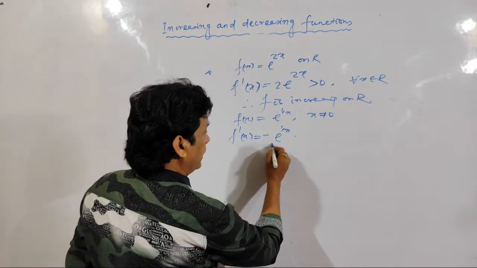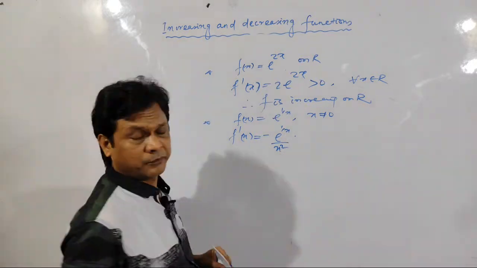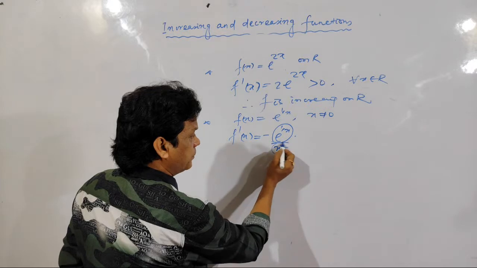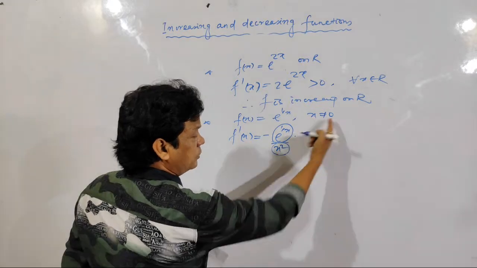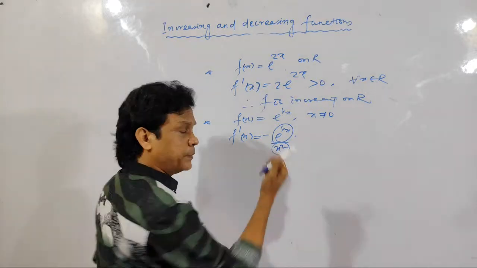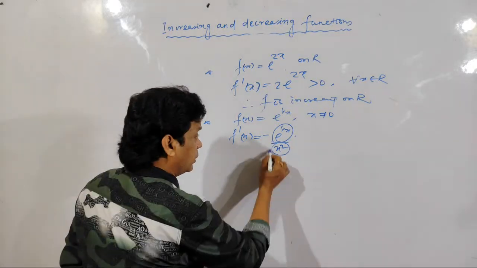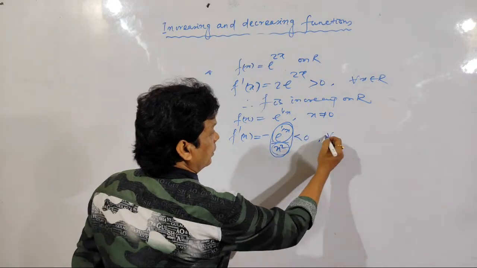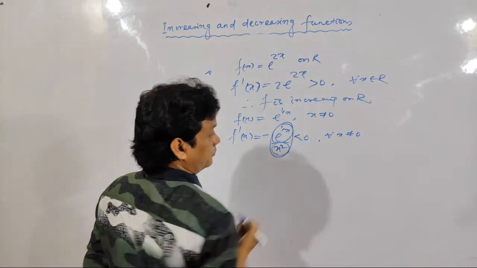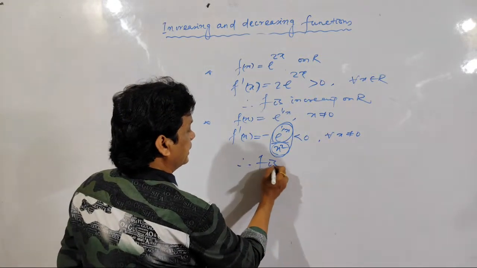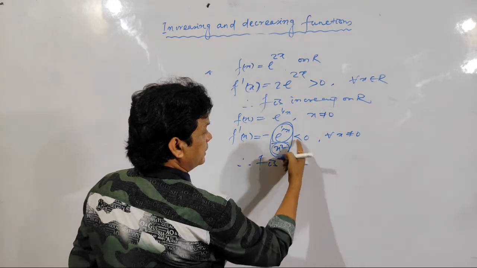The exponential function is always positive, and x square is positive because the square is there. x is unequal to 0, so x can be negative or positive. Negative square is positive, positive square is positive. So this quantity is positive and the minus sign is there, so it is less than 0 for all x unequal to 0. Clear? Therefore, f is decreasing because it is always less than 0.